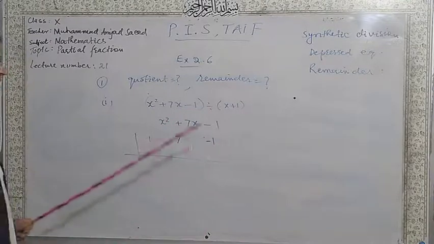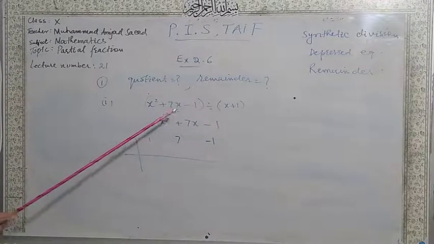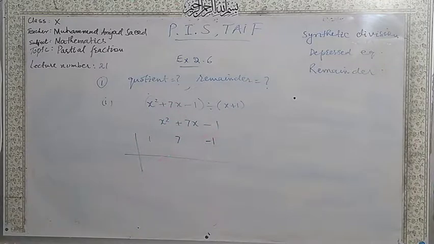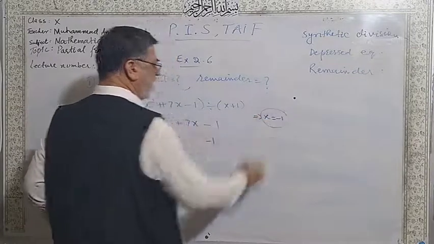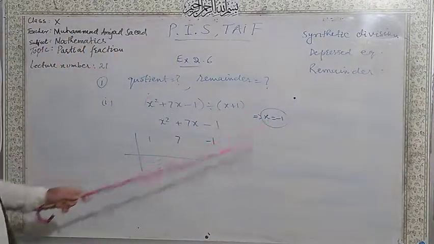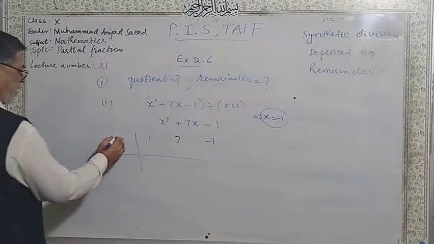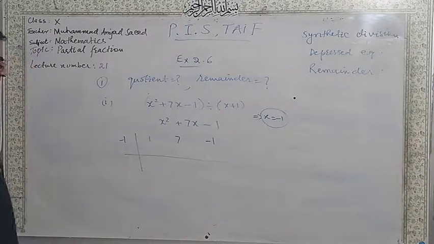If any term is missing, you can write it down as a 0 coefficient. This is x plus 1, which implies that x equal to minus 1 is the number which will play the role of root. You will write down minus 1 here.